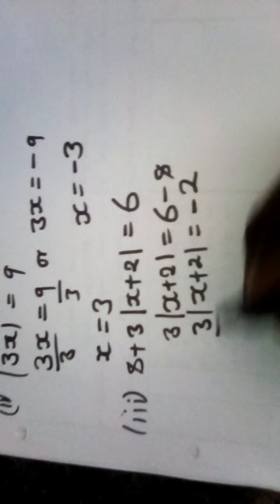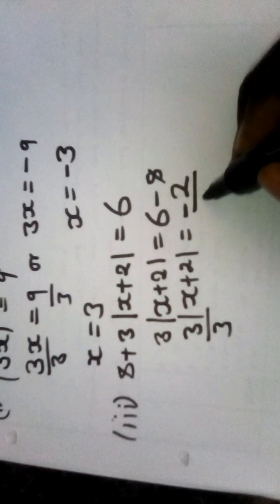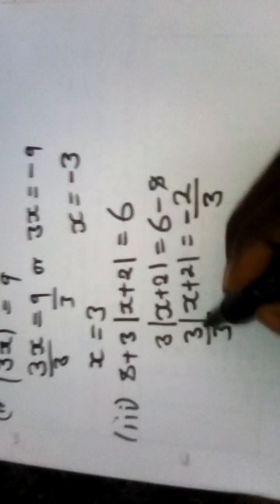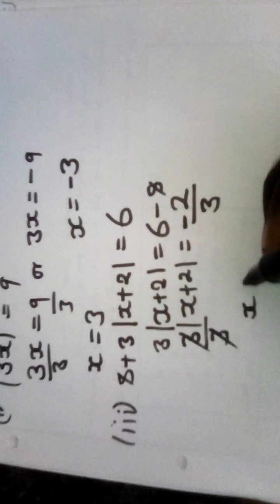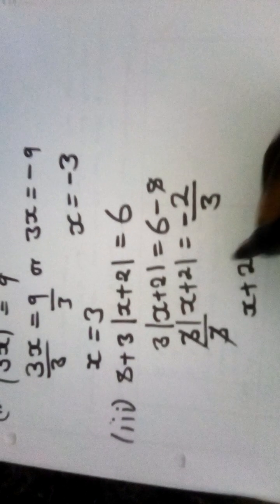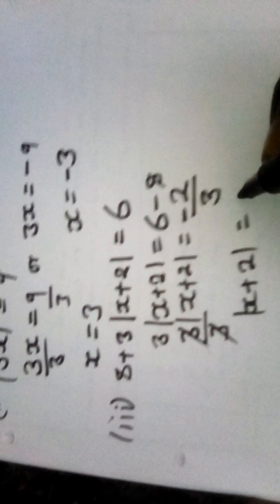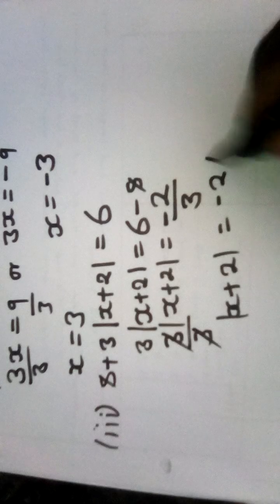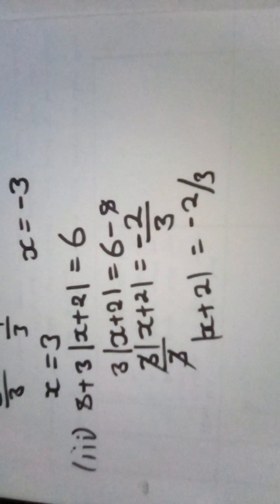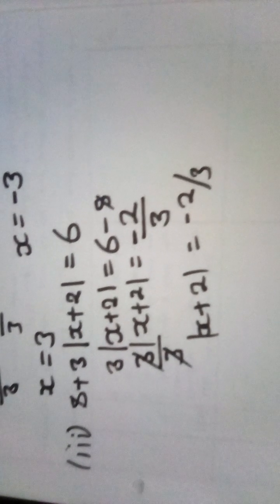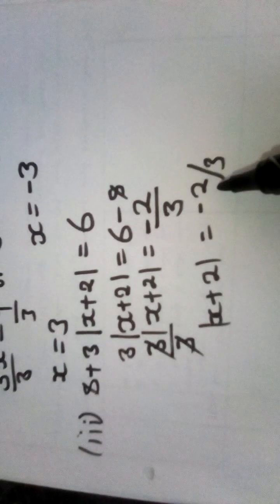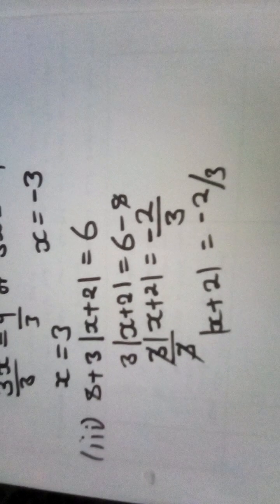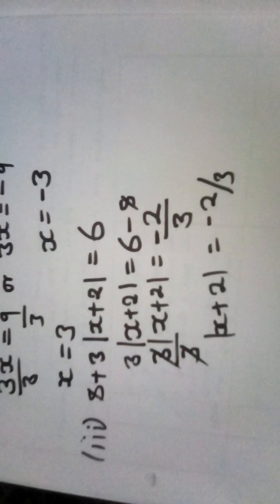If we divide here by 3, also here by 3, this 3 and this 3 cancel out, and what is going to remain is the absolute value of x plus 2 is equal to negative 2 over 3. Now what can we see here? We see that this absolute value is giving us negative 2 over 3.